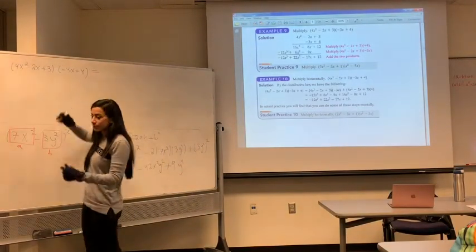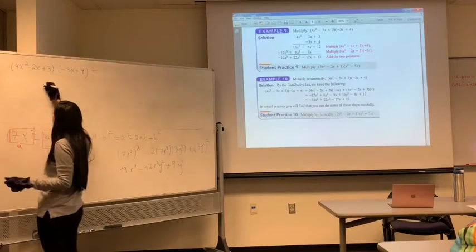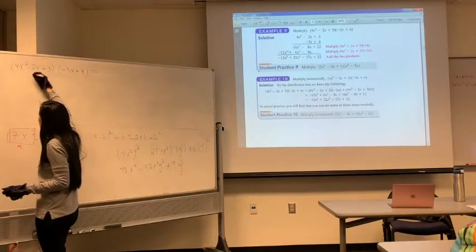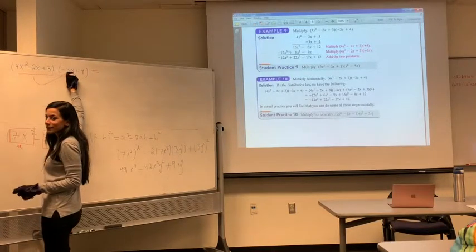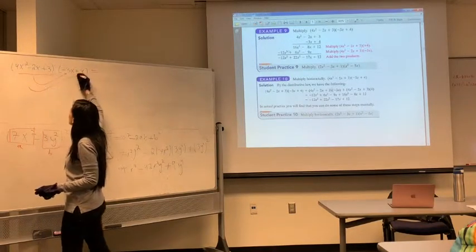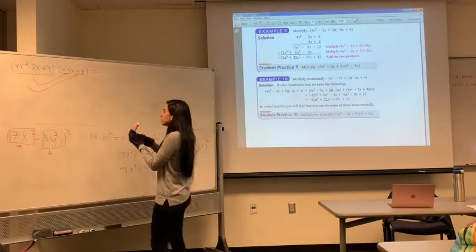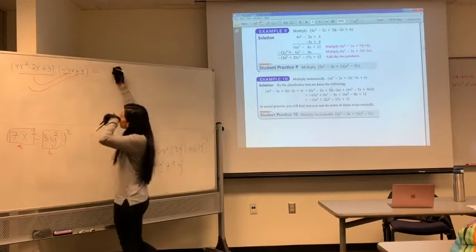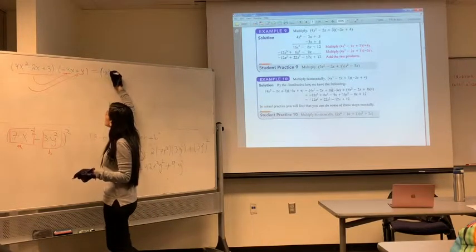So let's say the first time you multiply the whole parenthesis by the first term, and then the second time you multiply the whole parenthesis by the second term. Let's make it easier to understand.